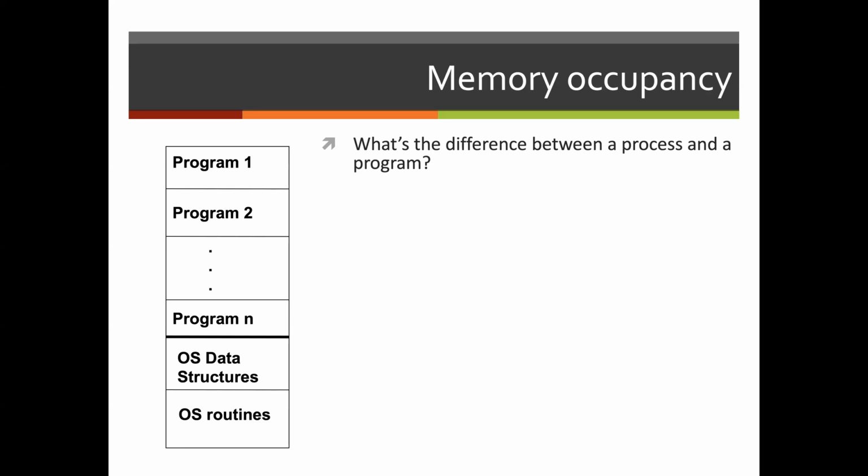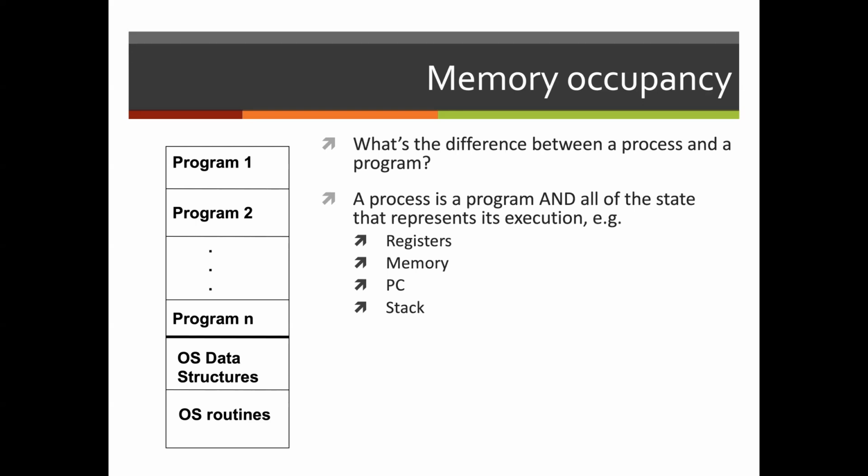It's important to keep this in mind because a process is going to represent the entire state of a program in execution. And that state means the current register utilization, its current location in memory, the current status of the program counter, and what is available on the stack.